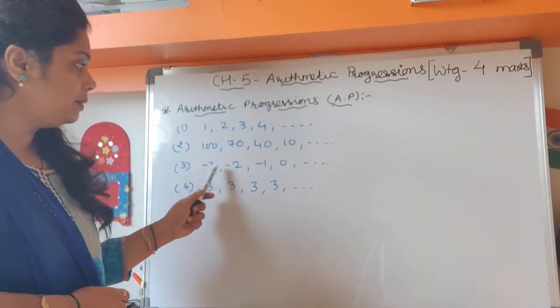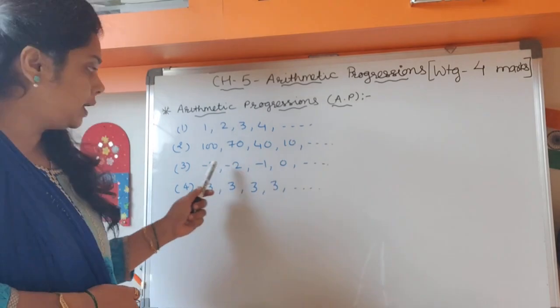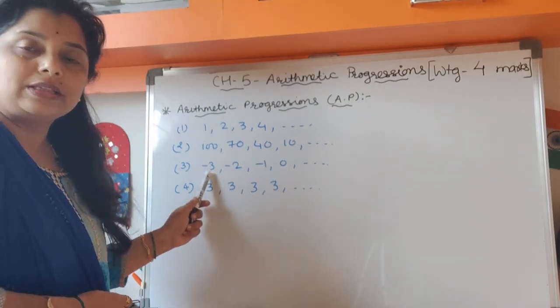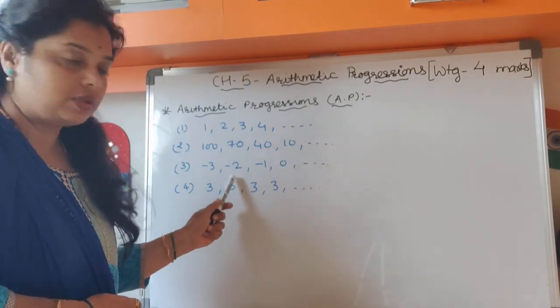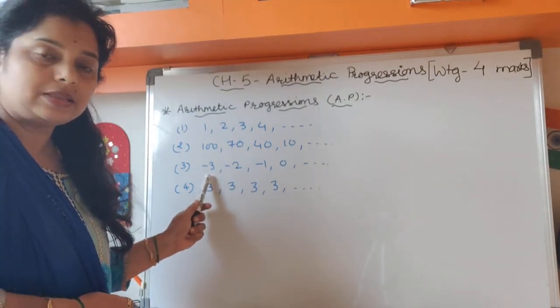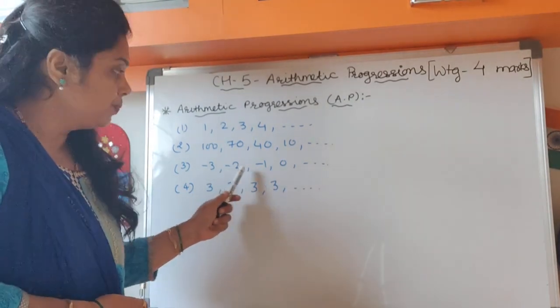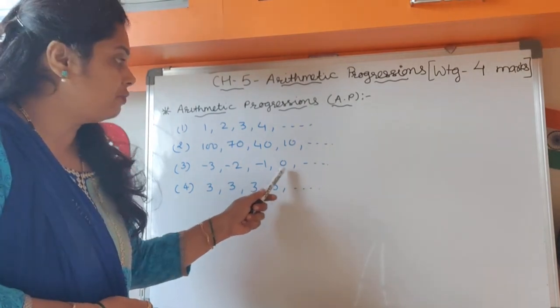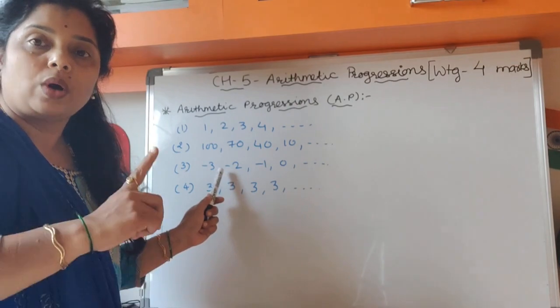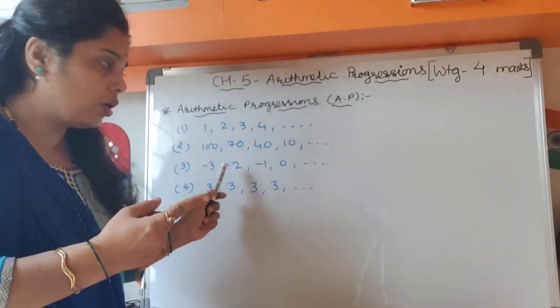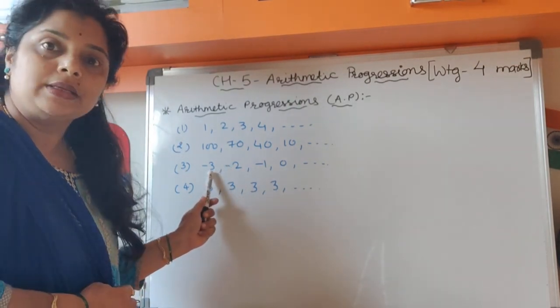Here minus 3, minus 2, minus 1. So again plus 1. There is a difference of plus 1 in each consecutive term. First term is minus 3, second term is minus 2, third term is minus 1 and fourth term is 0. So here each term is 1 more than its preceding term.